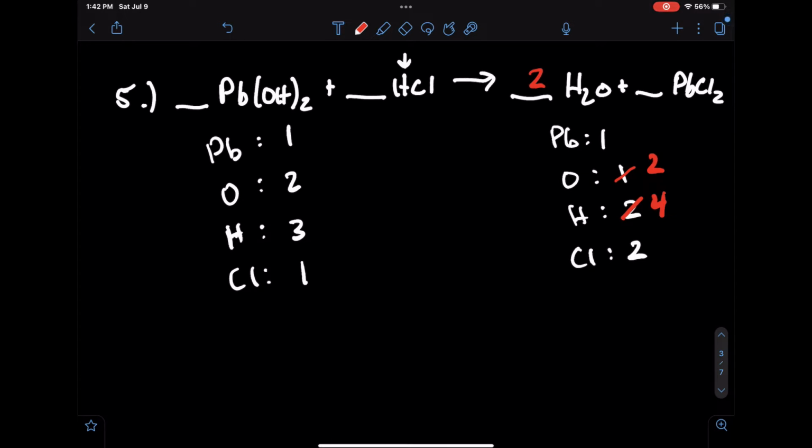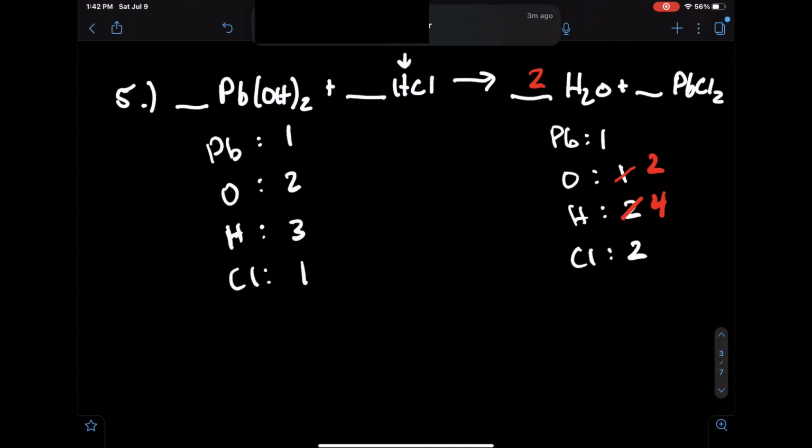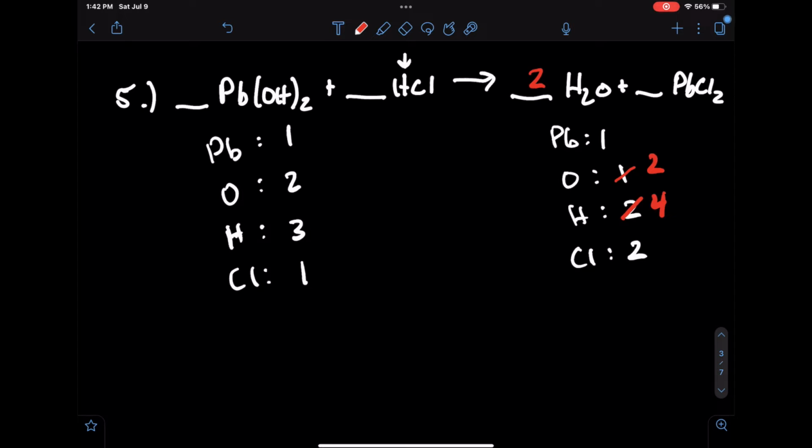And then we will go ahead and balance our hydrogens out now again. So we need 4 hydrogens. And just like that, we have a balanced equation.